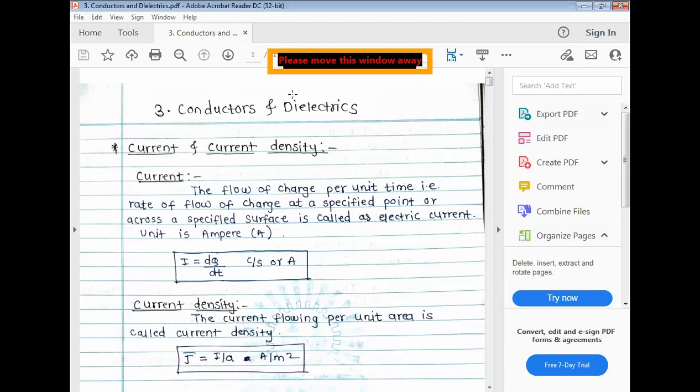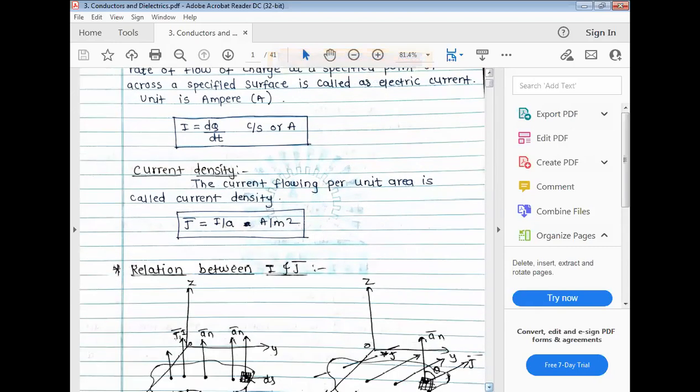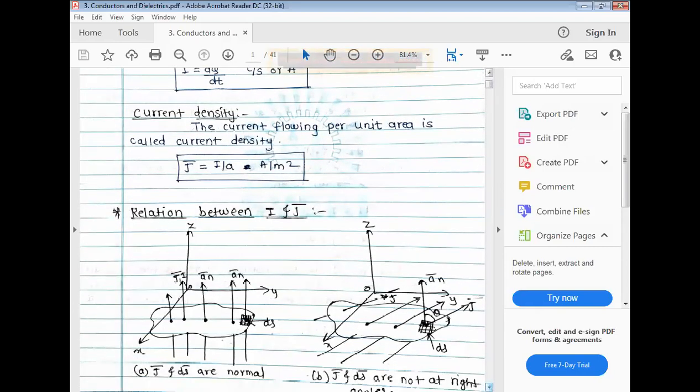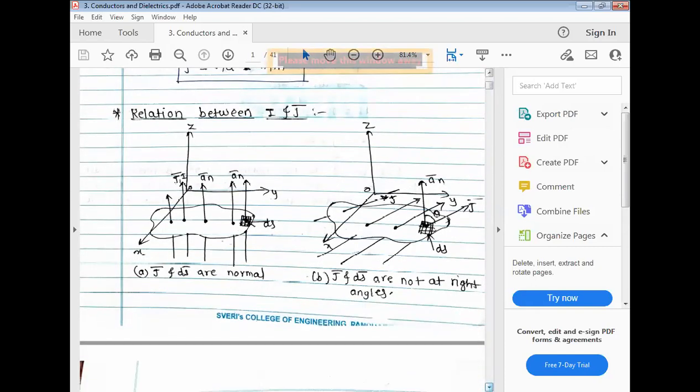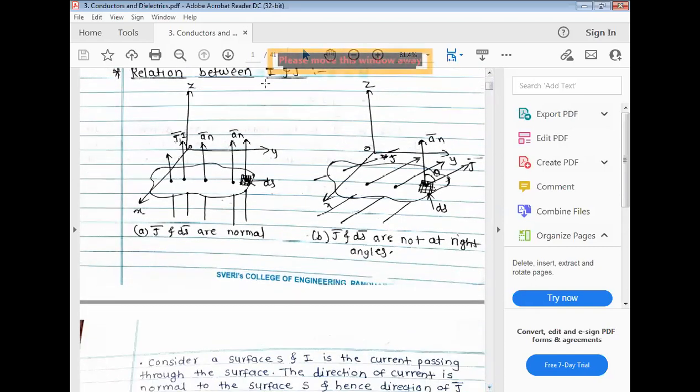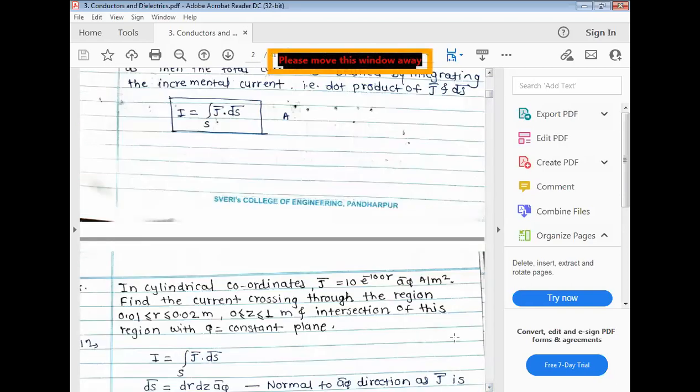In this chapter, we have seen first conductors and dielectrics, which is the chapter name. We have seen current and current density: the definition of current, current density, then the relation between I and J. Current I is equal to the surface integral of J bar dot ds bar.